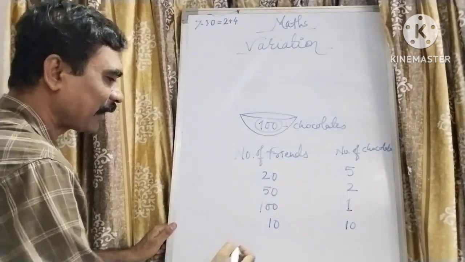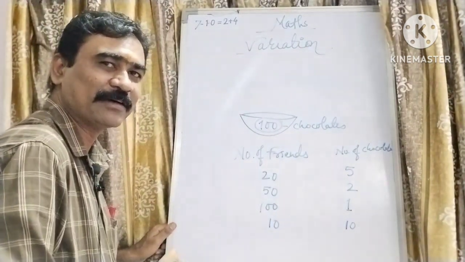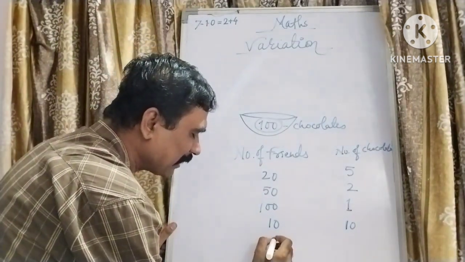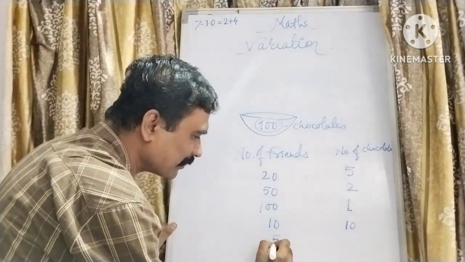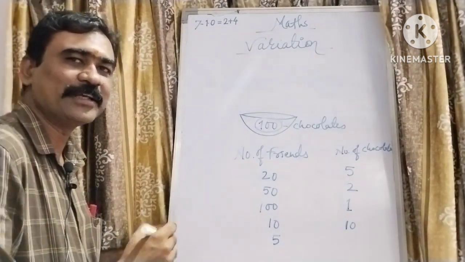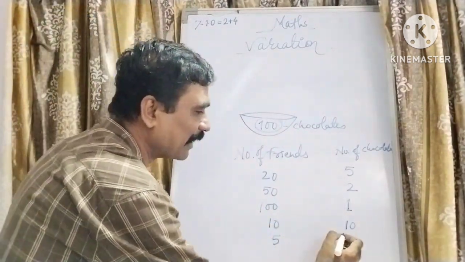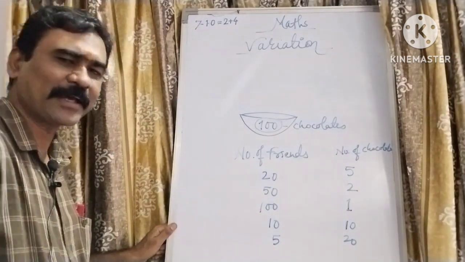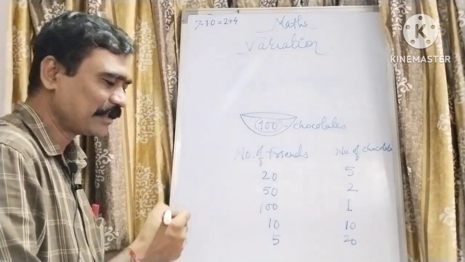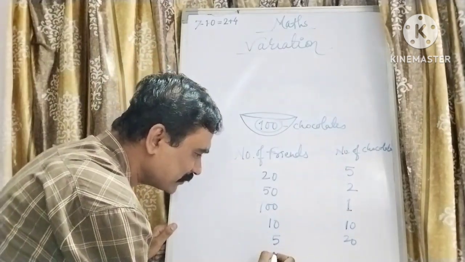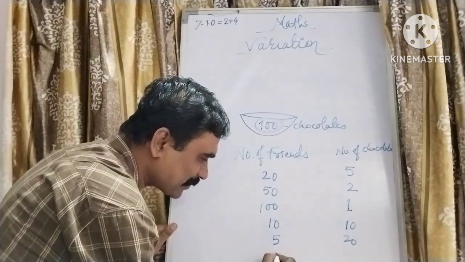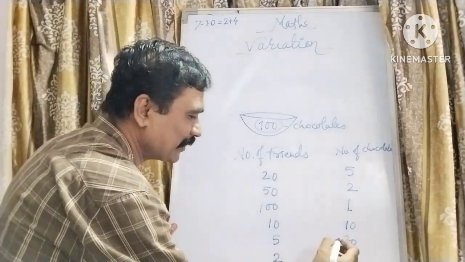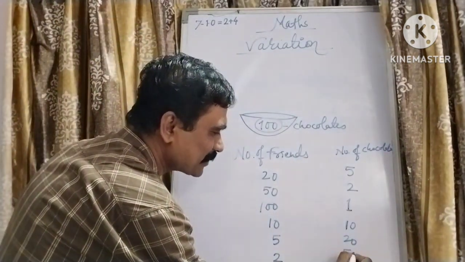If again I decrease the number of friends, if the number of friends is 5, then each friend will get 20 chocolates. Again I decrease the number of friends. If you have only 2 friends, then each friend will get 50 chocolates.